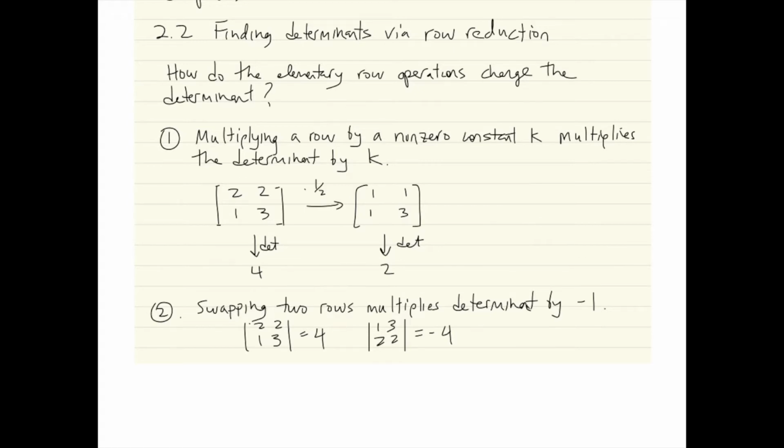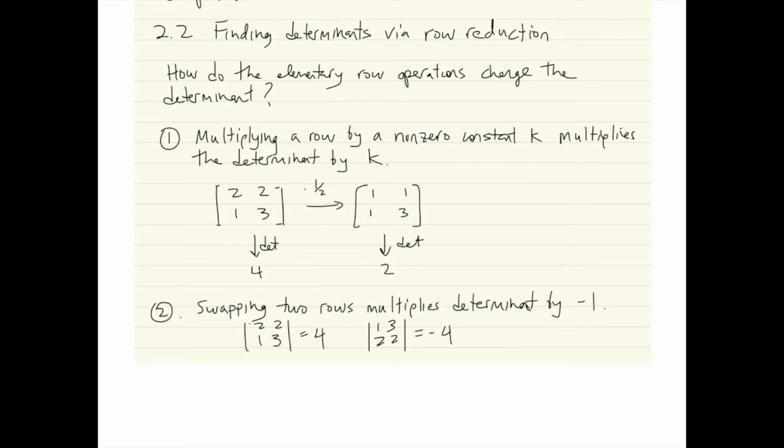And the effect that has is it multiplies the determinant by -1. So here's an illustration. We started off with this matrix. Its determinant was 4. And then if we swap rows 1 and 2, we get this matrix. Its determinant is -4. So the determinant has been multiplied by -1, and that's a phenomenon that's true in general.